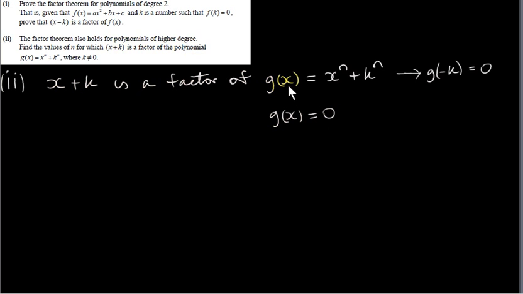Then using the factor theorem in reverse, that means that g of minus k must equal 0. In other words, minus k must be a solution of this equation here. We get that minus k just from putting this factor equal to 0.